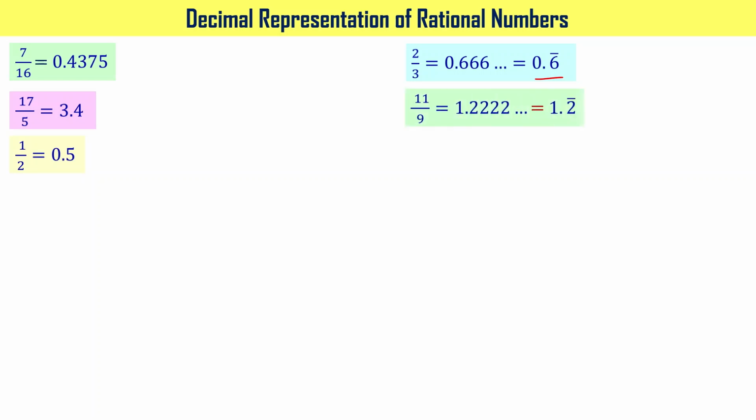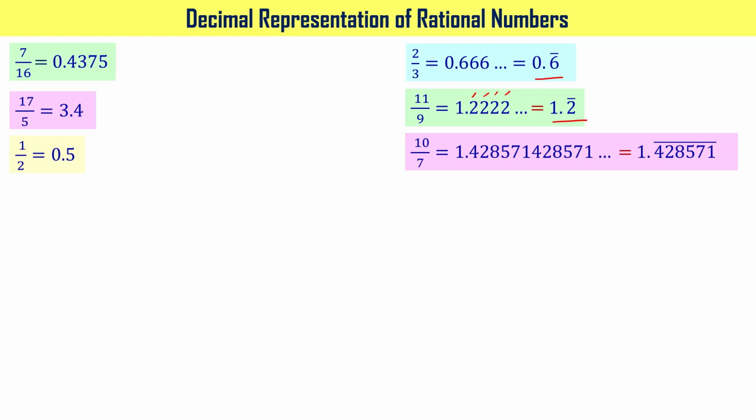Similarly, 11 by 9, if you do the division, conversion of 11 by 9 into decimal form, then what you get is 1.2222 and so on. That is written as 1.2 with an over bar on the number 2, right? Because 2 is the digit which is repeating. Got it?